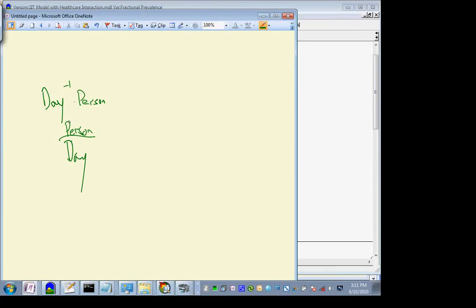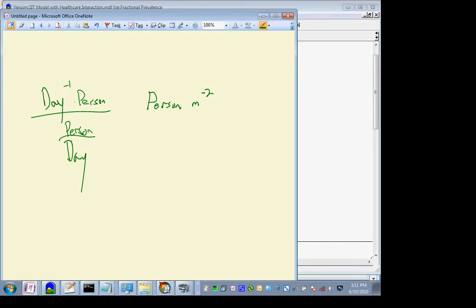Others I might write, person times meter to the -2. So this is persons per square meter. That might be a quantification of how crowded a living situation is, right? Crowding in some area of the city or something like that. Density, in other words, of the population.